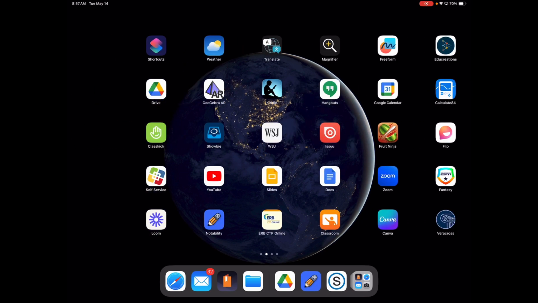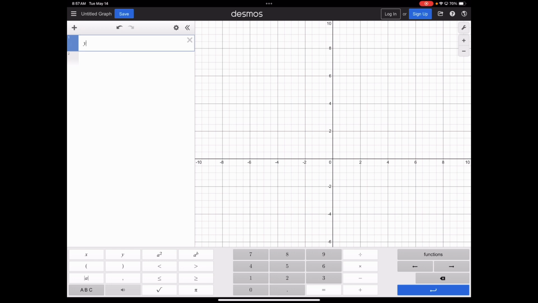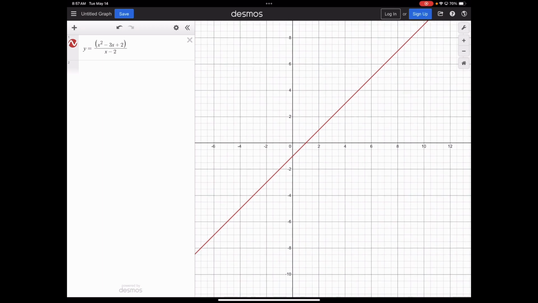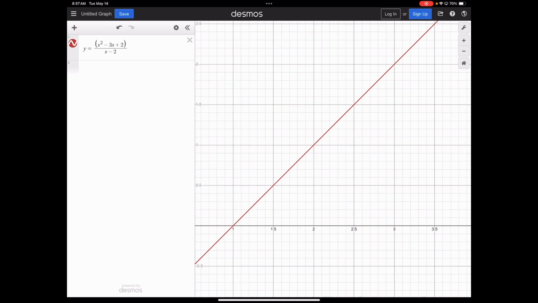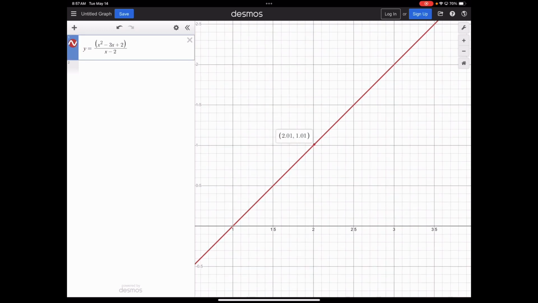Because if we type that into Desmos, so y equals x squared minus 3x plus 2 divided by x minus 2, we can see it just looks like a line. You wouldn't expect this graph to have an interesting equation. However, if we zoom in, there we go.